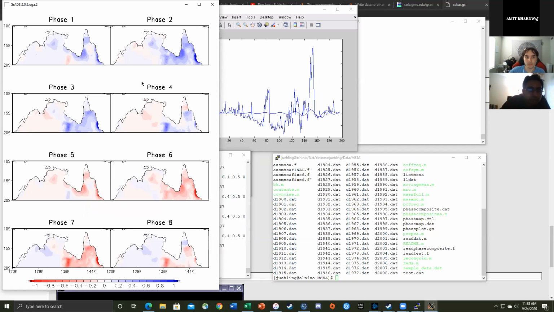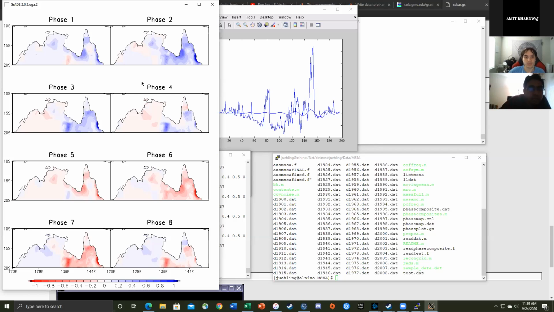So what I can see is that the strongest signals are over the northeastern part of Australia. And is this the region where you see the mean is maximum? Yes. That makes sense.